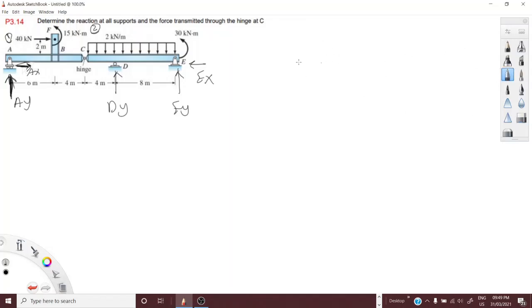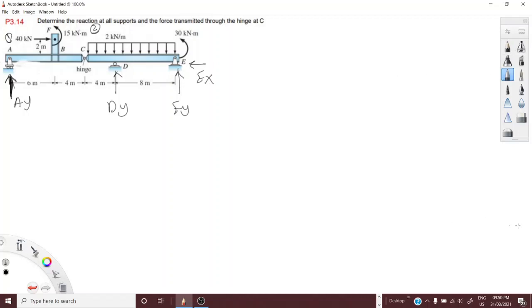So let's start with the first. But we need to start with the part with the least number of unknowns. Here we have one, two, three, four. This is a roller. We don't have AY here, and we don't have AX here.